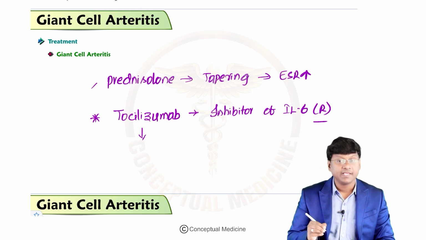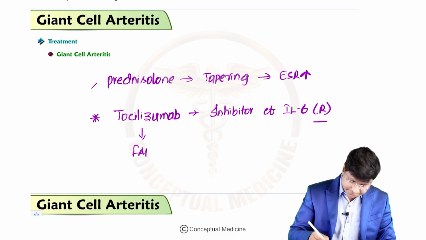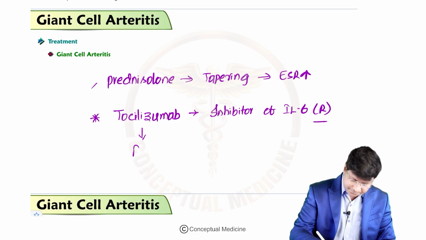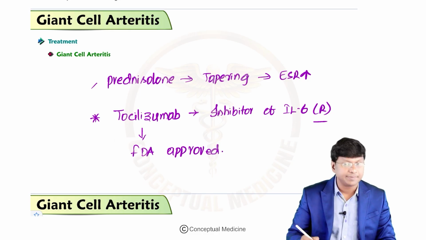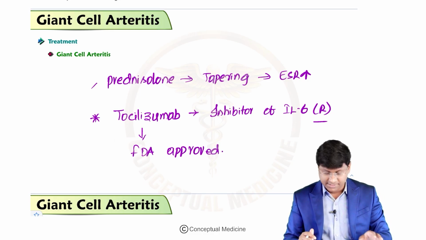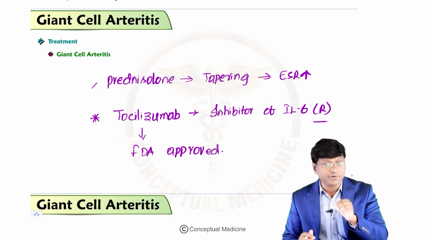And this is an FDA approved drug for giant cell arteritis. Okay, it is an FDA approved drug for the treatment of giant cell arteritis. And this tocilizumab can reduce the prolonged usage of the prednisolone.